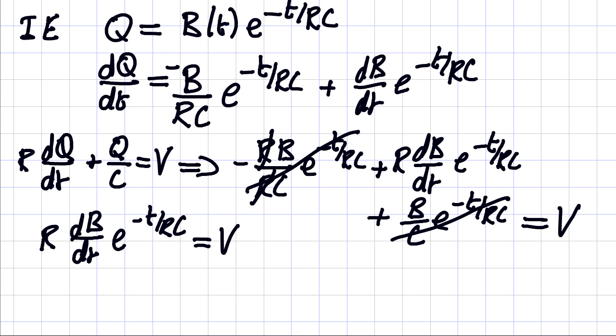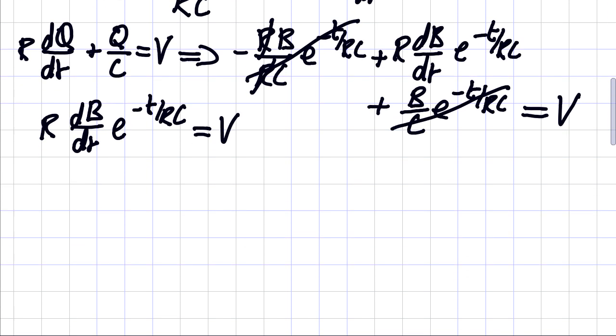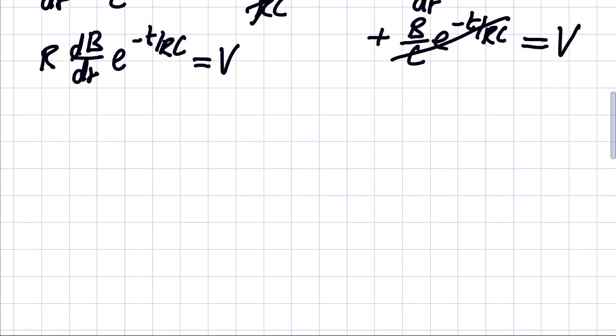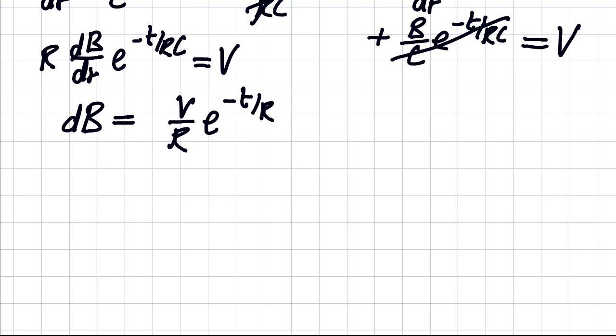This is a separable equation. So I end up with dB is V over R e to the minus t over RC, e to the plus t over RC dt.